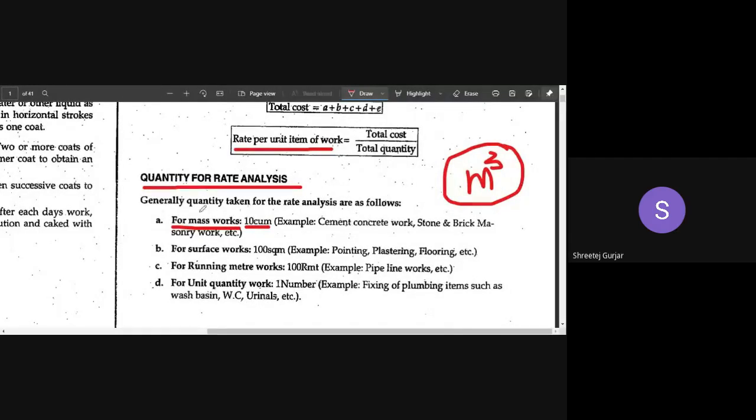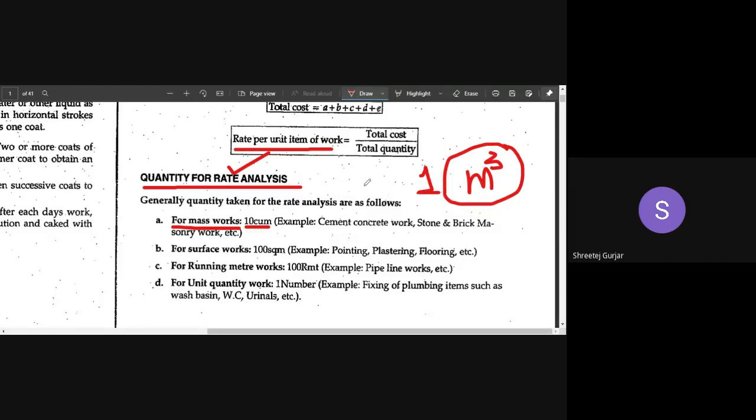Whenever we want to do the rate analysis, we have to assume that 10 cubic meter work is to be done. Then later on, if we divide the answer by 10, we will get it per meter cube, for 1 meter cube.